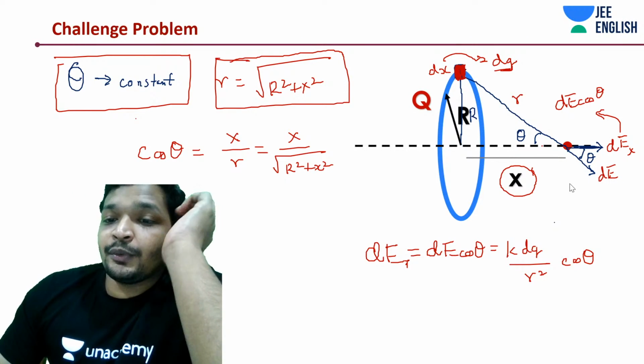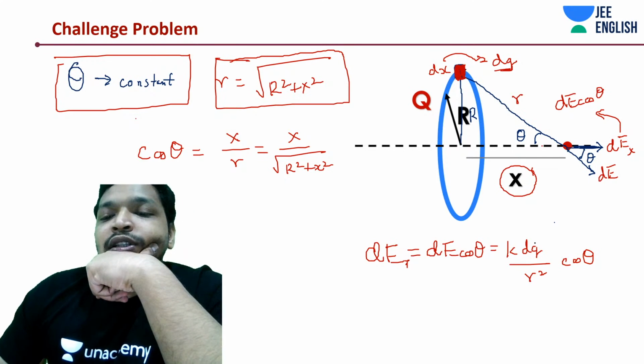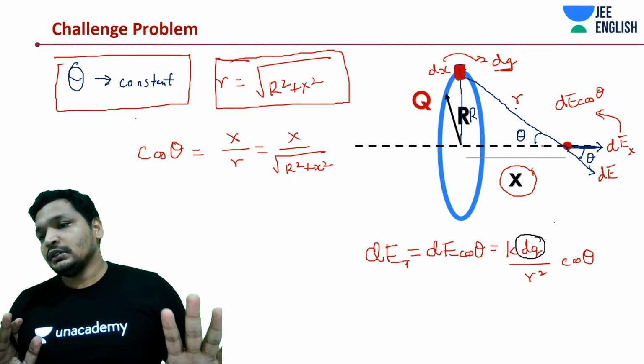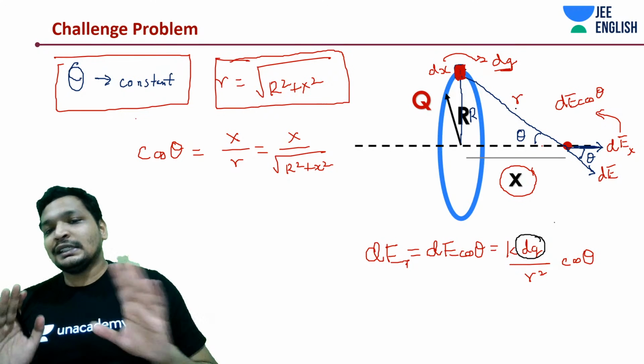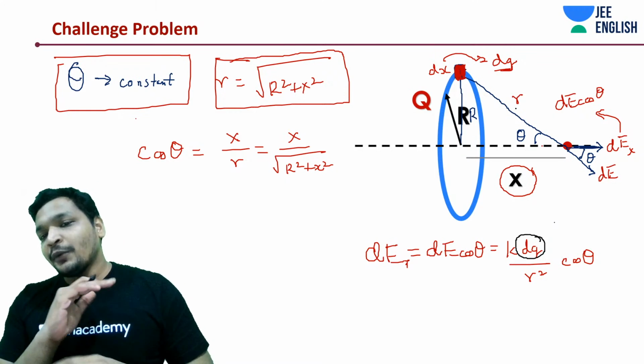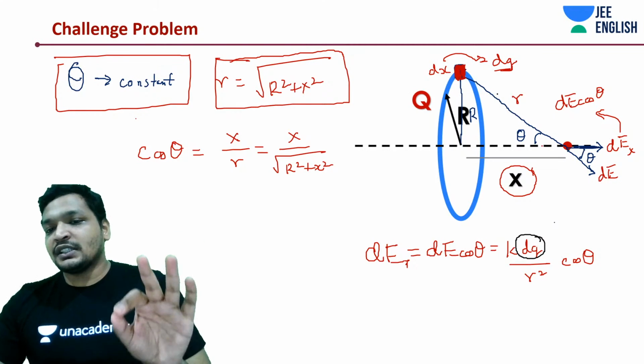Let me ask you a question now. Do you think this dq is dependent upon this radial distance? It's a symmetrical circular ring. No. Is it dependent upon x, at a fixed distance x?